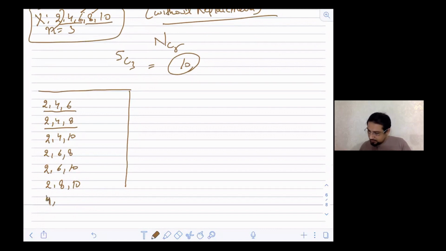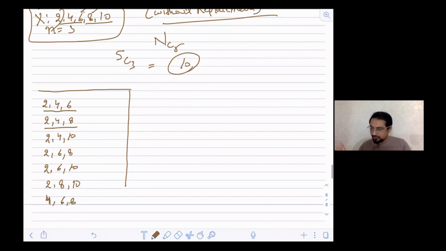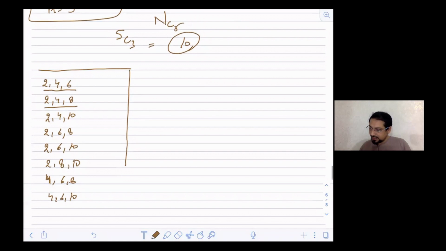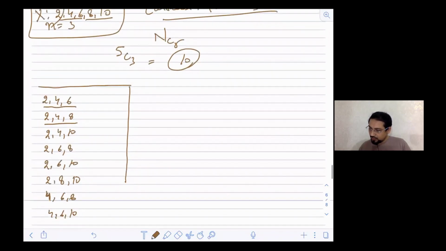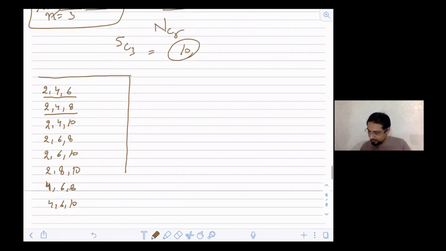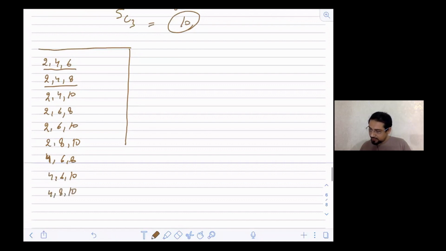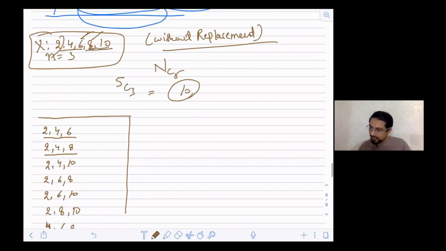Okay, so this is 4. What was our next? 4, 6, 8, obviously, and then let's remove the 8, and then we move to 4, 6, 10. Anything else left? Yes, let's do 4, 8, 10, because this is the last one.